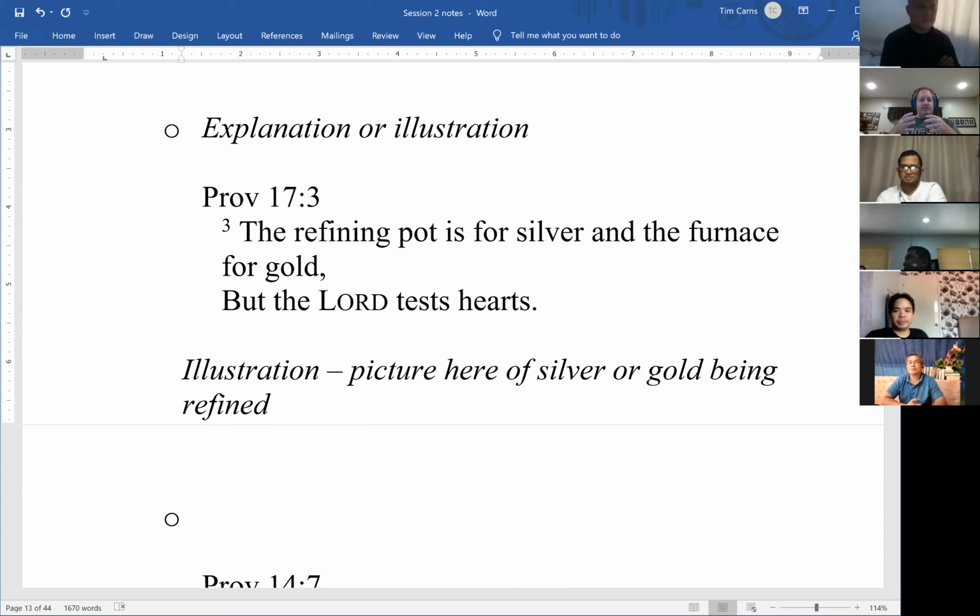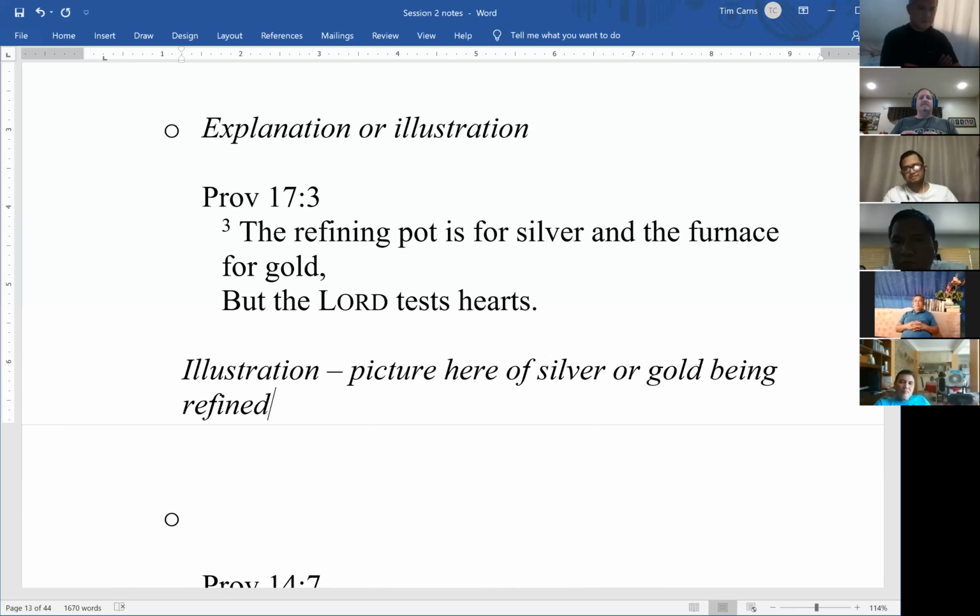Because when you do the refining process for silver, and notice he says furnace is for gold. What does he describe there? How do you refine silver and gold? Pretty hot temperature, right? So it's that same picture. Notice he doesn't say anything like the cloth is for the washboard, or describe a simple cleaning process.